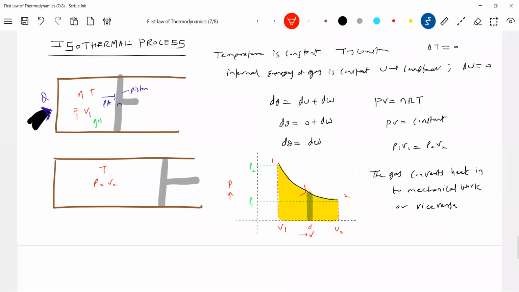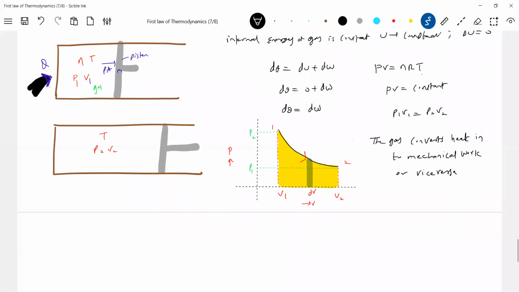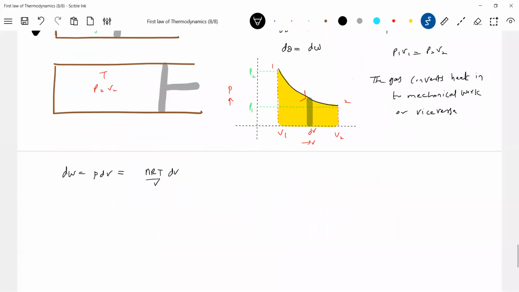Elemental strip, let me choose dV. dW is equal to PdV. In any process, P is nRT by V. So further, temperature is constant, so nRT, integrate from volume V1 to V2, or final volume to initial volume, any symbol.